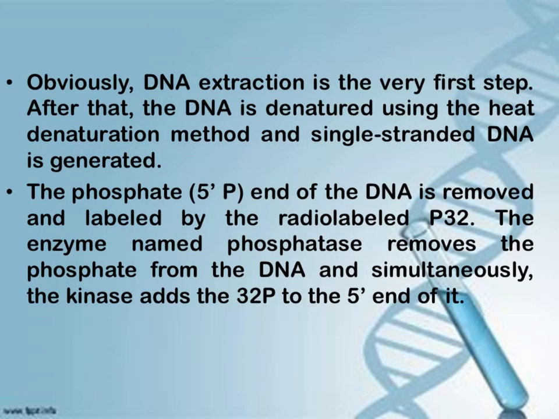Obviously, DNA extraction is the first step. After that, the DNA is denatured using the heat denaturation method and single-stranded DNA is generated. The 5' phosphate end of the DNA is removed and labeled with radio-labeled phosphate 32. The enzyme named phosphatase removes the phosphates from the DNA, and simultaneously the kinase adds the phosphate 32 to the 5' end of it.